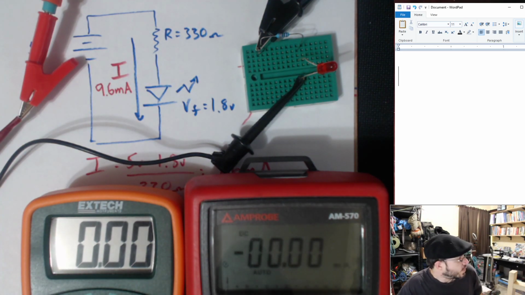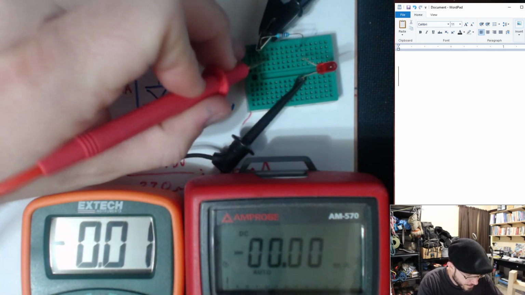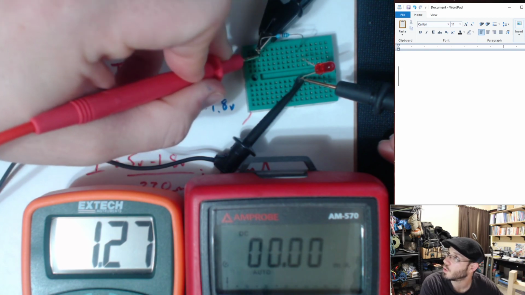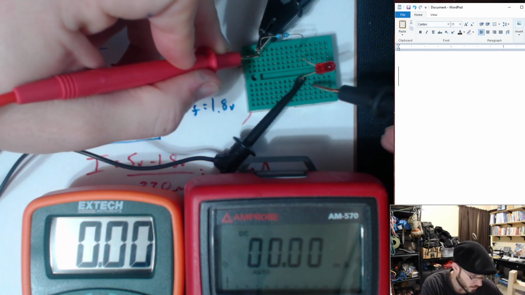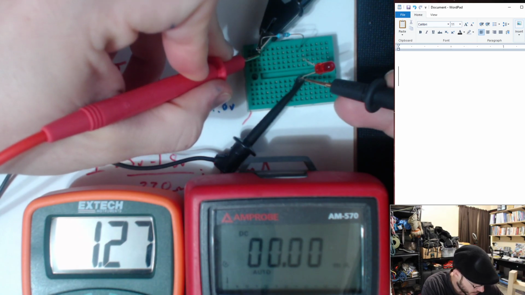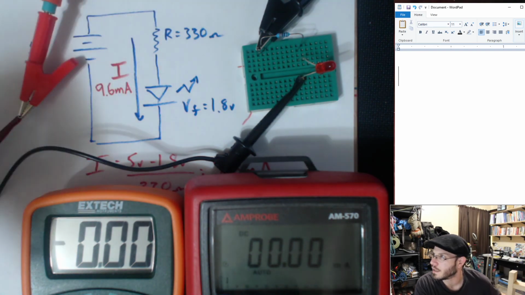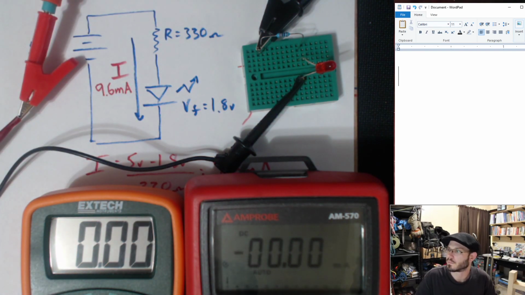Okay, so right now I have 1.26 volts applied to my circuit, 1.27 according to the multimeter. So, is the diode conducting right now? No, right? We have no current flowing through it.